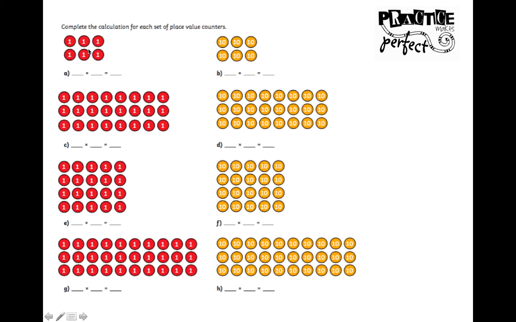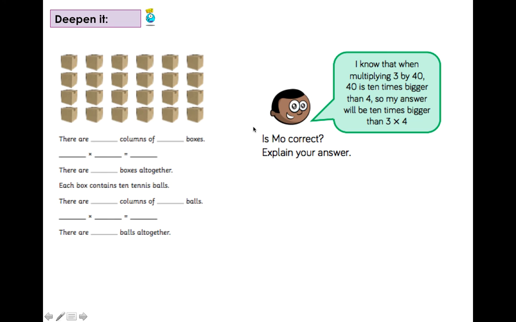And I know the answer to 3 times 2 is 6, so my answer to this one is going to be 10 times bigger. And I can even check that by counting: 10, 20, 30, 40, 50, 60. And I know that 60 is 10 times bigger than 6. So use the counters to help you with these questions for some extra practice.